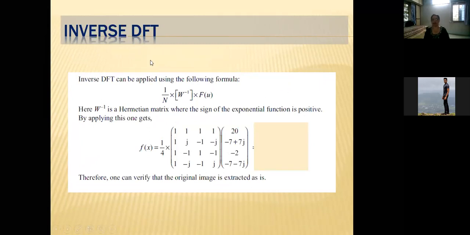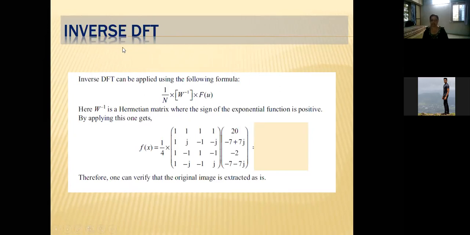So there is one drawback with DFT: as it is complex in nature, we need a large number of computations, because one complex number multiplication is equivalent to 4 real multiplications. So in order to reduce the number of computations, can we have a transform which is similar to DFT, but real in nature?